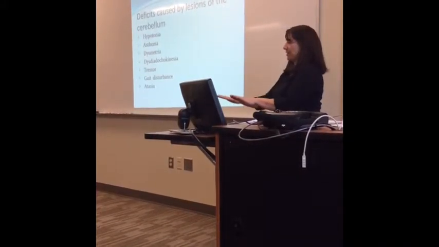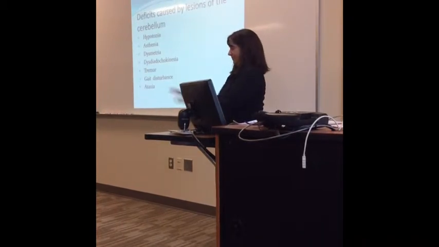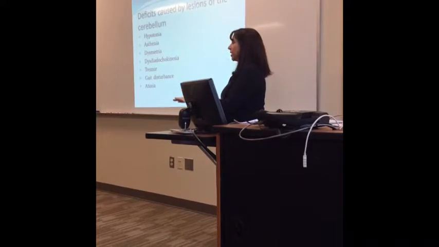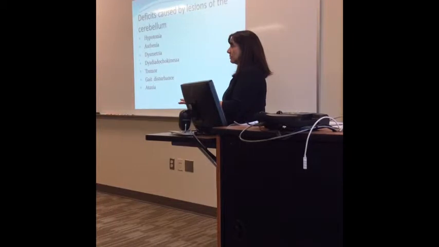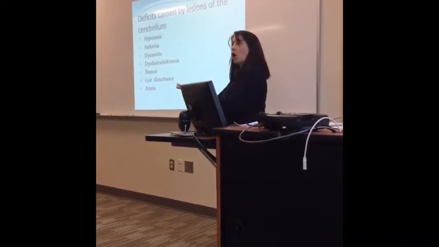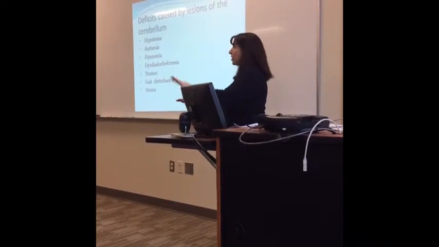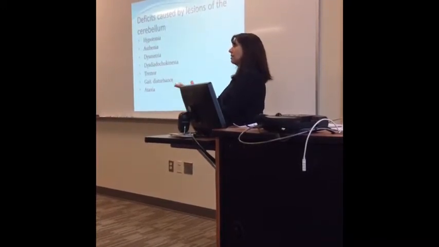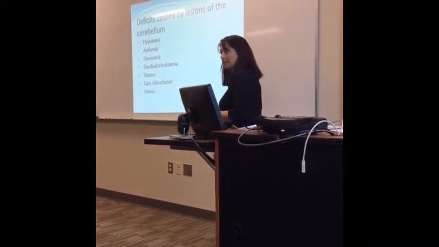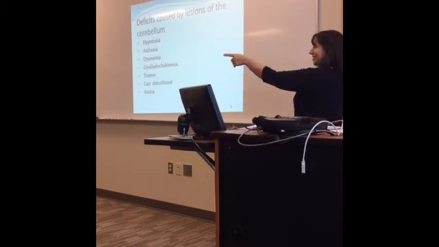So it could be something like a relatively quick motion where you have to turn your palms all the way up and all the way down, repeatedly in a rhythm. If you have a problem with your cerebellum on one side, this hand may be doing this, and this hand may be doing that, because it doesn't know what it's doing. The cerebellum isn't telling it what to do.